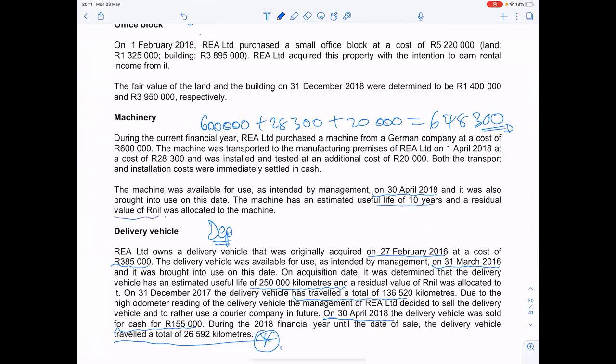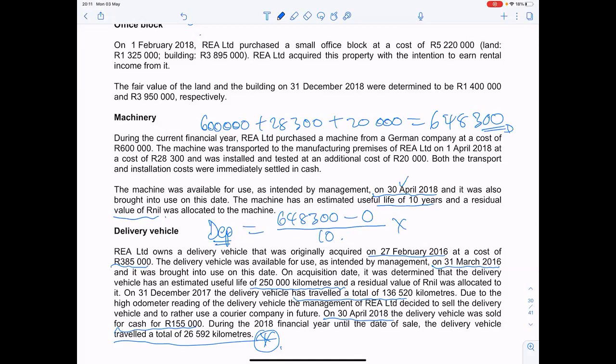The residual value is 0. Please do this in the second page where you are going to write calculations. I'm just showing it here because I want you to see what we are dealing with. So it will be 648,300 minus the residual value of 0 divided by useful life of the asset, 10 years, multiplied by it was ready from 30 April 2018.